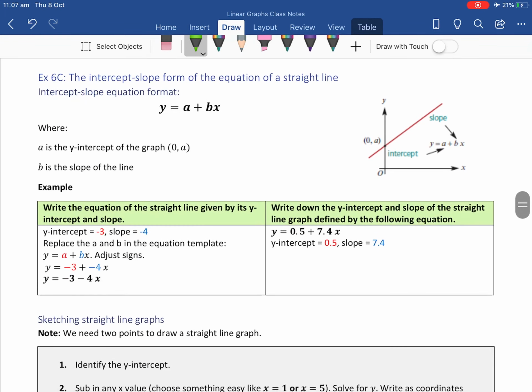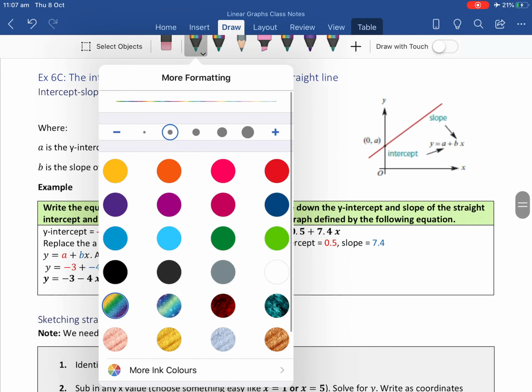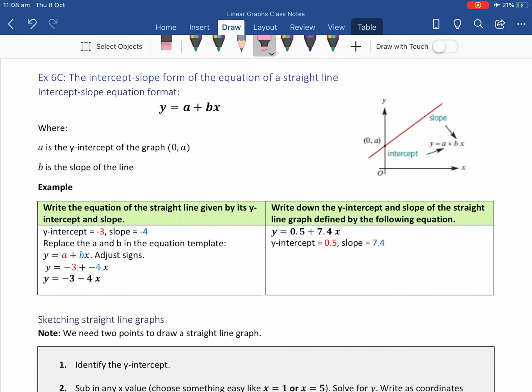We're going to have a look at 6c as well today. We're looking at the intercept slope form of the equation of a straight line. Very wordy, but pretty much the general equation for any straight line is y equals a plus bx.